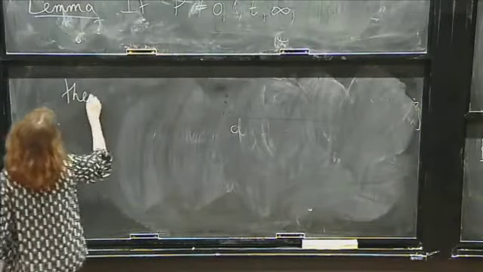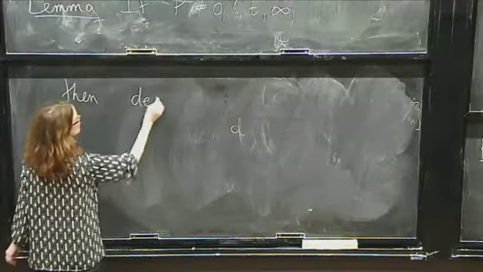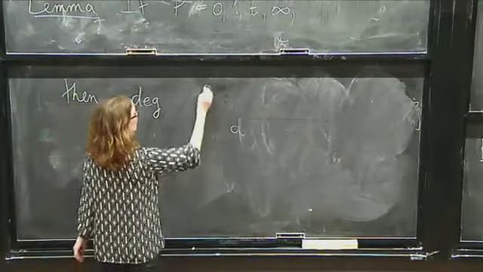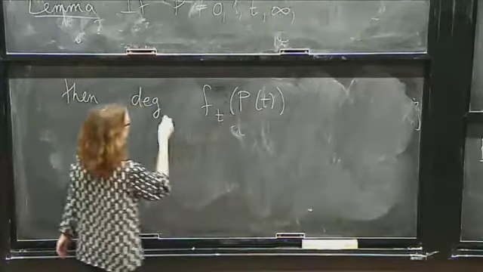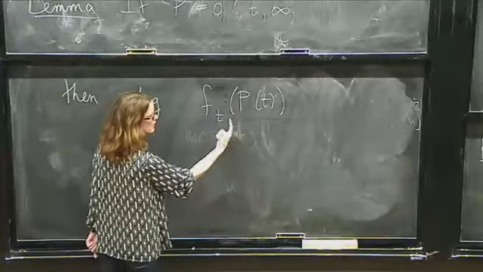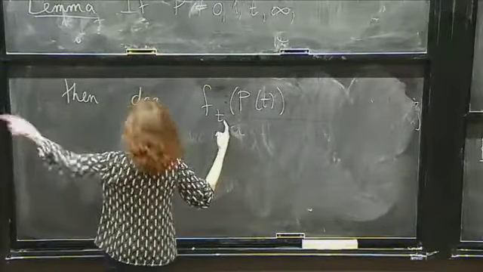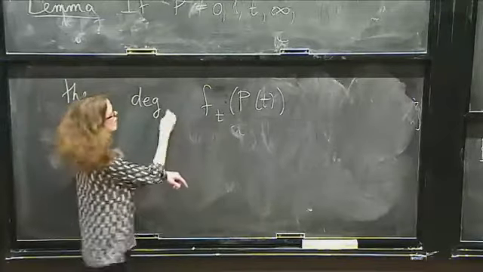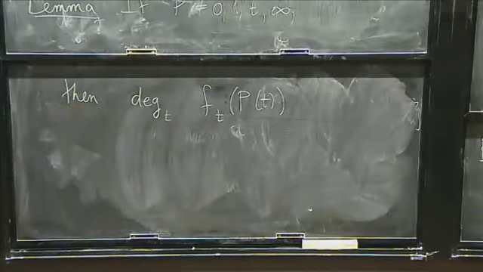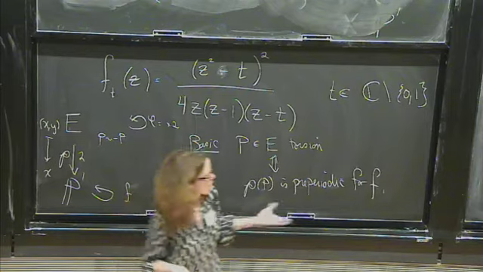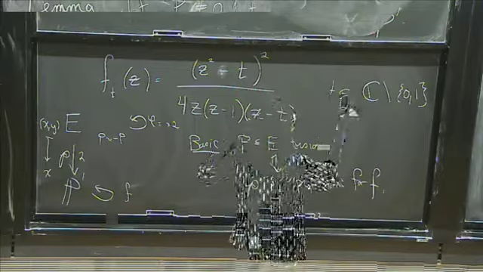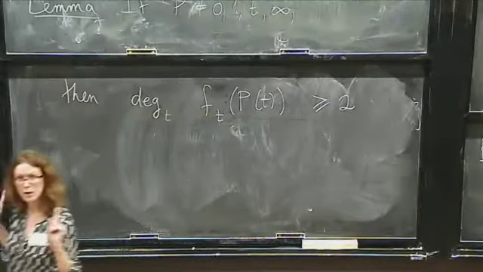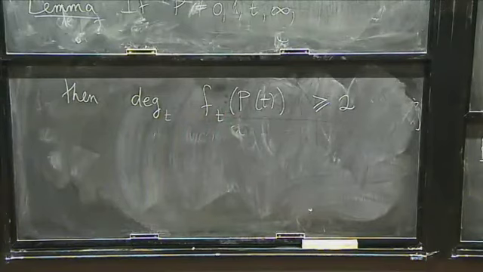Then in this particular case, if you compute the degree of the image, P is a rational function in T. I'm plugging it in for Z over there, so I get another rational function in T. And I can compute its degree as a rational function in T. And one can show, with not very much work, but I'm just going to skip it for time purposes, that this is always at least 2, no matter what P is, as long as it's not one of those 4 points. No matter what it is, the degree becomes at least 2.